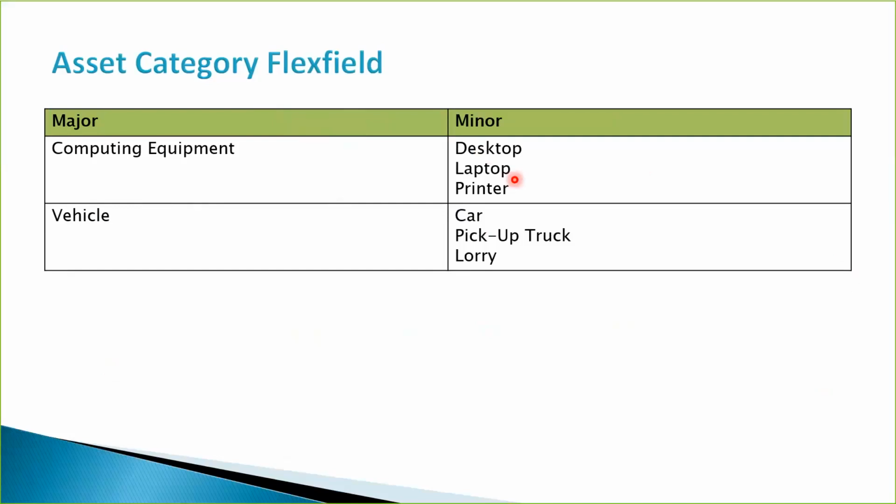So you can only make changes to that particular structure by adding segments. Or it comes empty, so you create your own segment. So even when we look at this structure in our instance, you're going to see that it's just one structure, and it's the same for the location Flexfield and the asset key Flexfield.